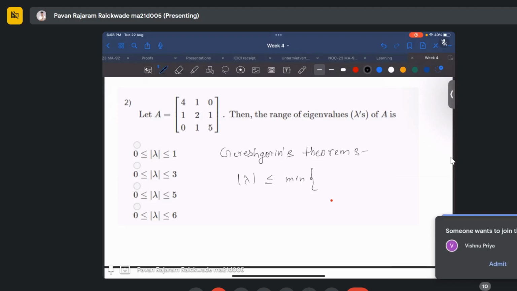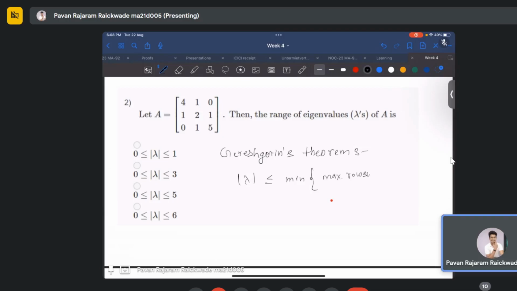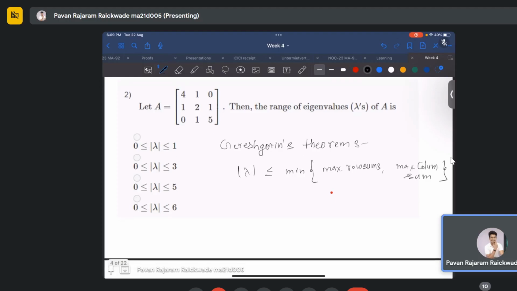Okay, how do you write it? Minimum of... Sir, is it minimum or maximum? Like the minimum of the maximum of row sums, comma, maximum of column sums. I'm writing a combined statement. I think Gershgorin's theorem says the eigenvalue cannot exceed the maximum of the row sums, right?